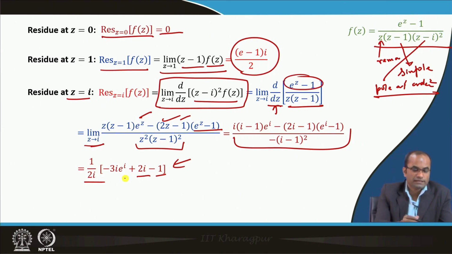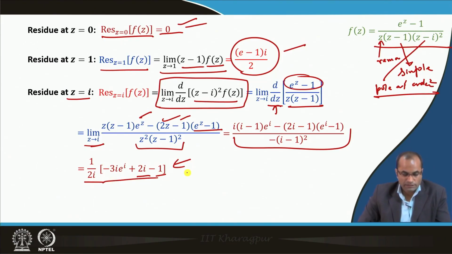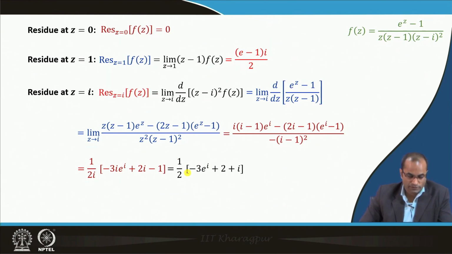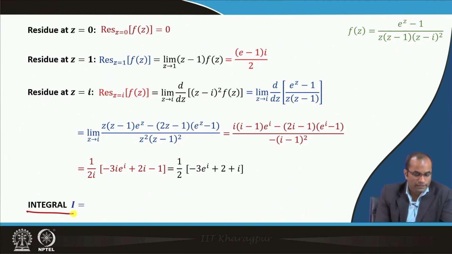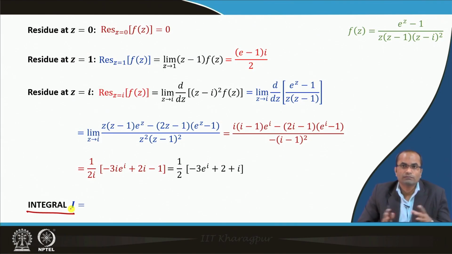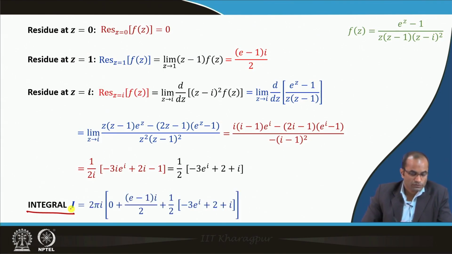So, we have these three residues: one was 0, the other one (e − 1) i by 2, and the third one this one. To get the integral value, the integral I will be 2πi times the sum of all these residues. So, 2πi, and then we have 0, the second residue, and the residue at the point where it is a pole of order 2.